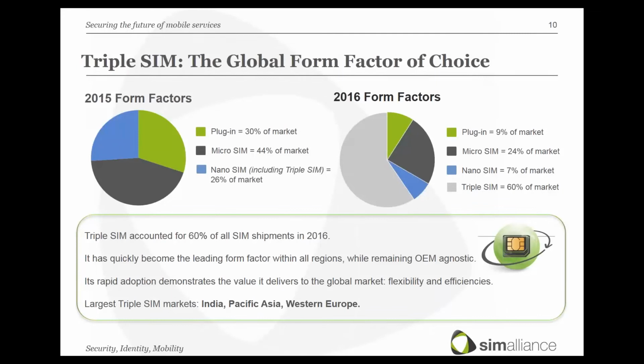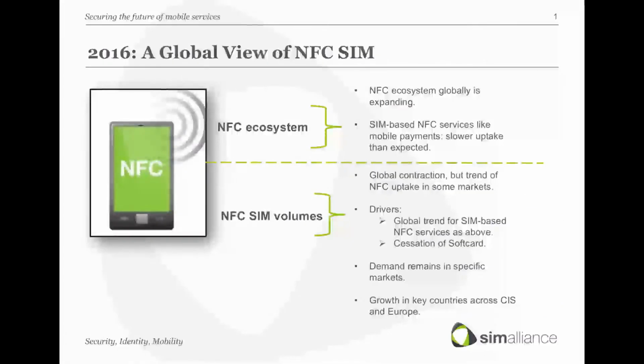They save a lot of working capital. They save a lot of scrap rates, etc. So it's massively efficient for the MNOs, and that's one of the reasons why the product has, after its introduction in 2013-14, succeeded so fast. Next slide, please.